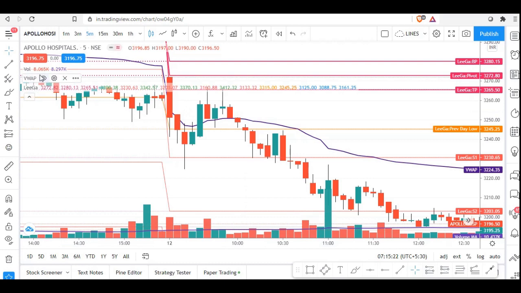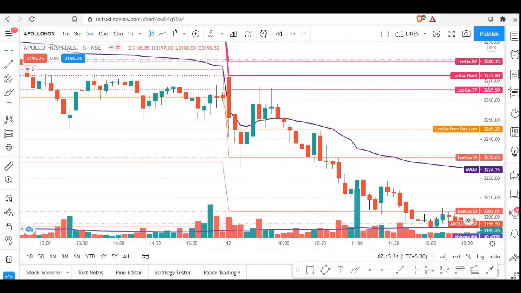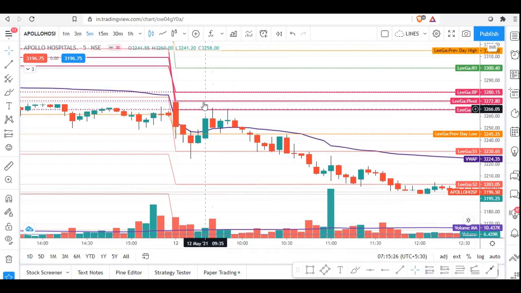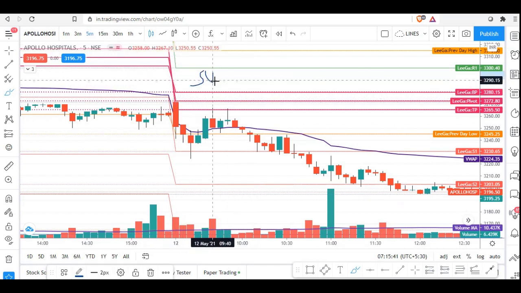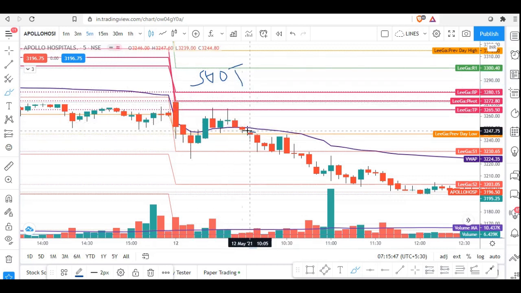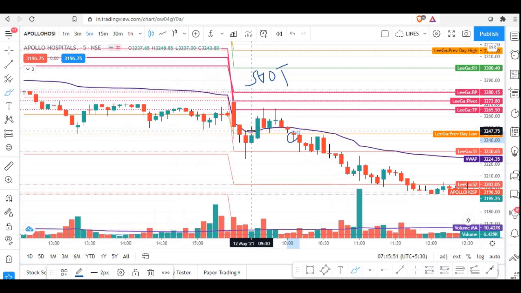Remove drawings. First we add the CPR, VWAP and volume chart. Here the open is exactly inside the CPR. We don't take entry because there is a VWAP line here. This is surely for short. One of the first 5 minute candles closes below the VWAP.